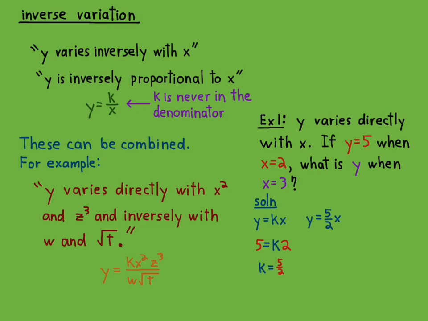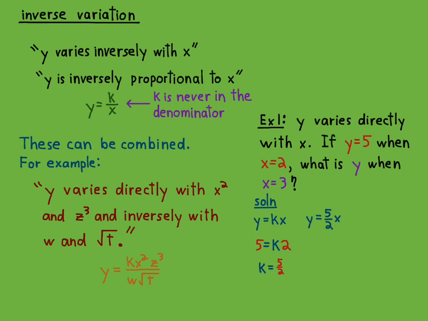Go back to the original equation, y equals kx. Put the 5/2 in there, but not the previous values of x and y, not the 2 and the 5. You're not putting those in. Just k. Now x and y are going to vary, hence the word variation. It says, what is y when x is 3?